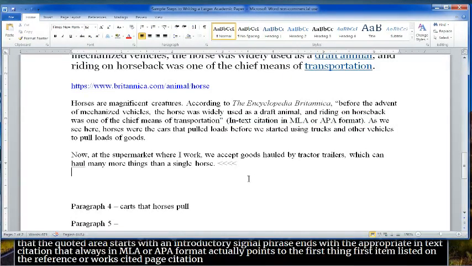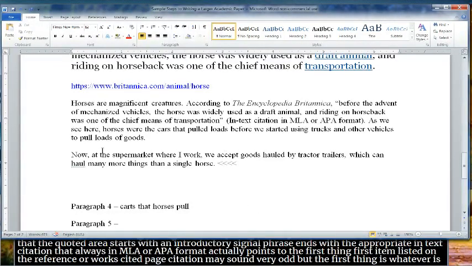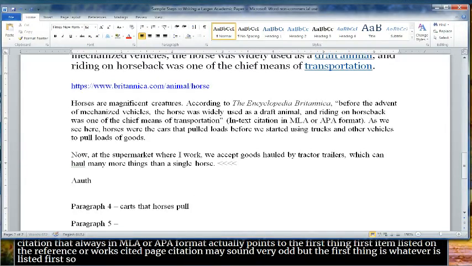Now, that may sound very odd, but the first thing is whatever is listed first. So if it's an author, then the author would be in it.